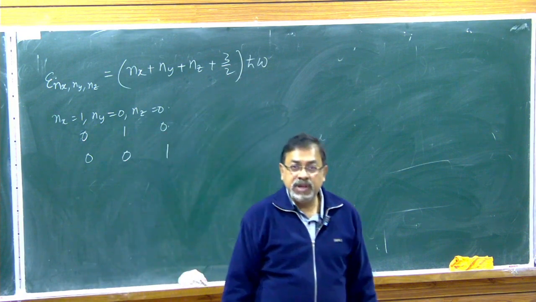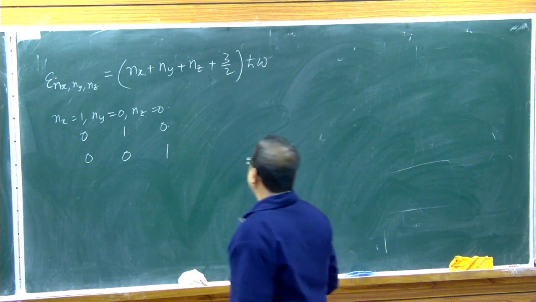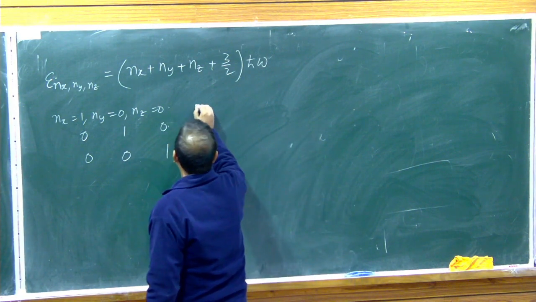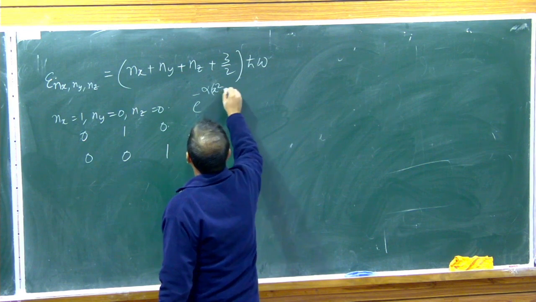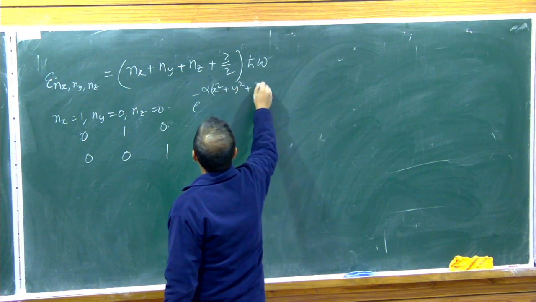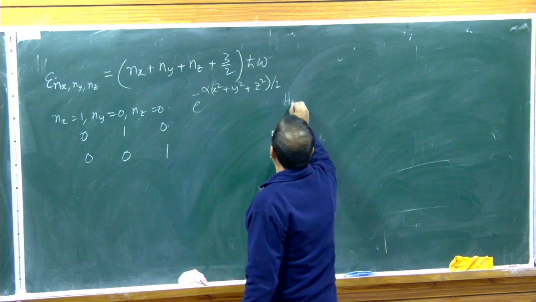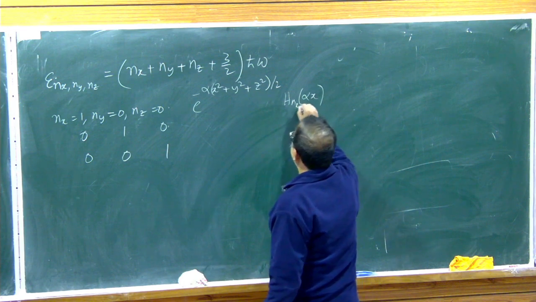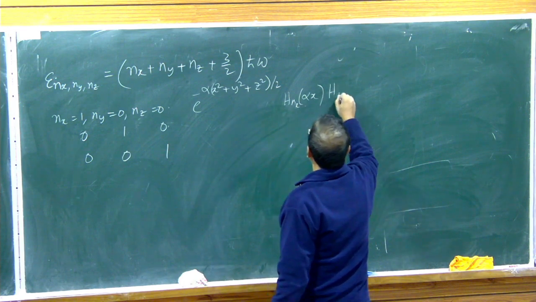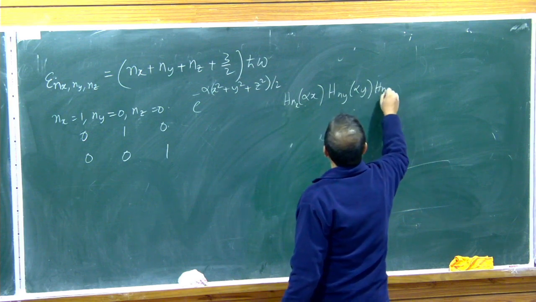And all of them will correspond to different wave functions, and these wave functions will have an exponential of minus alpha x square by 2 plus alpha y square by 2 plus alpha z square by 2, and also Hnx alpha x, Hny alpha y and Hnz alpha z.